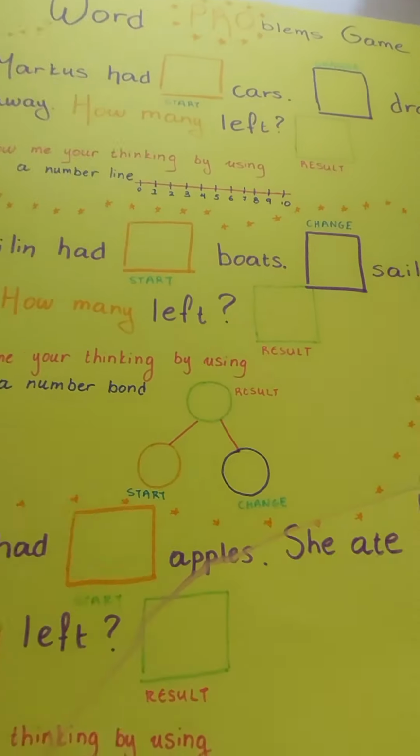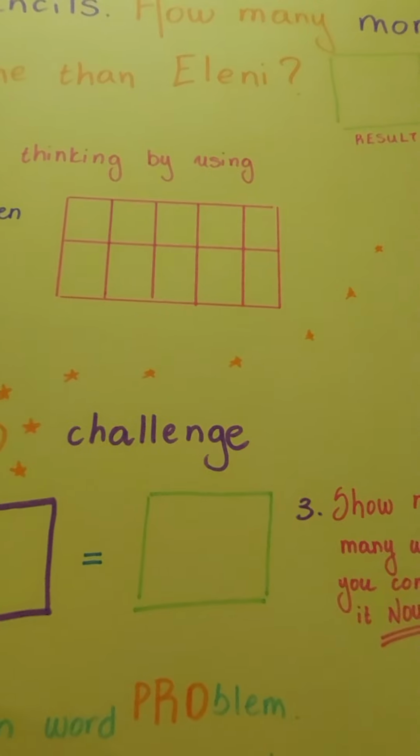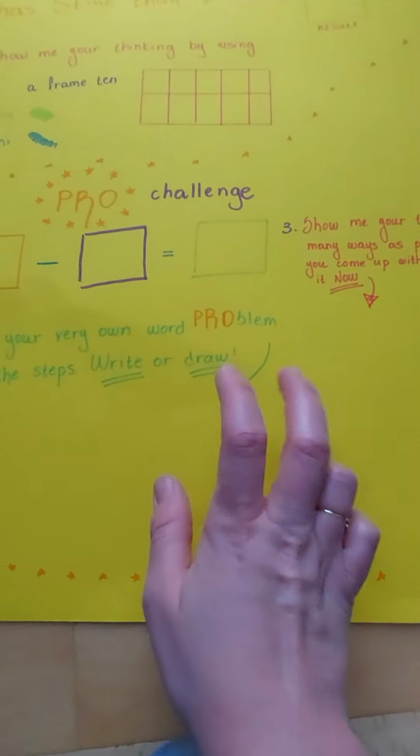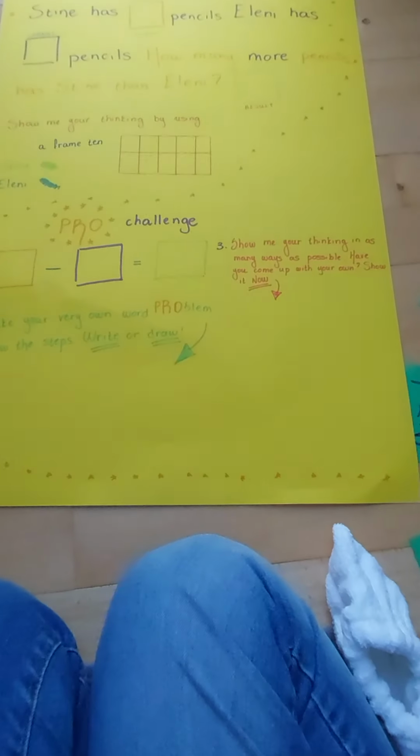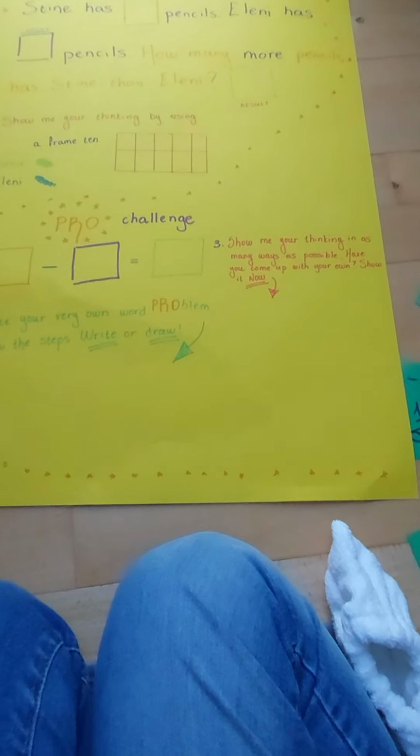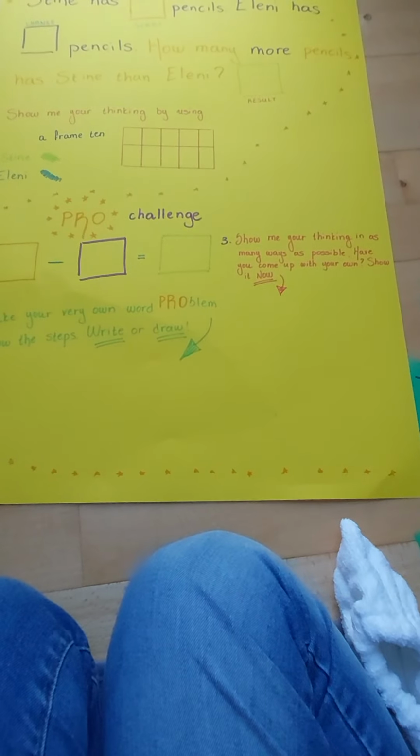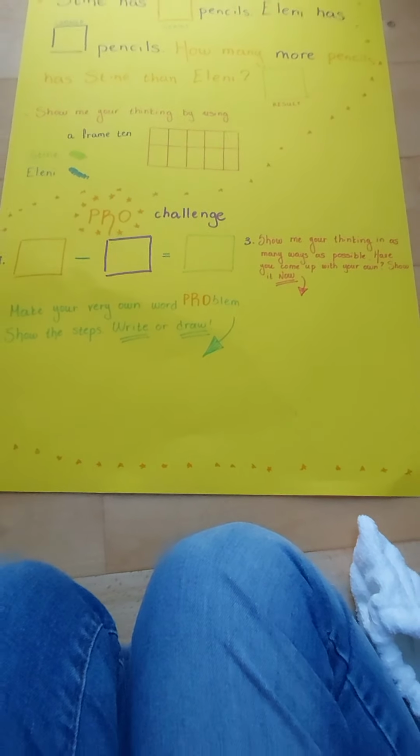For instance, number lines, number bonds, ten frame. And in the last part, this is a challenge for the students who would probably finish faster than the rest of the students.